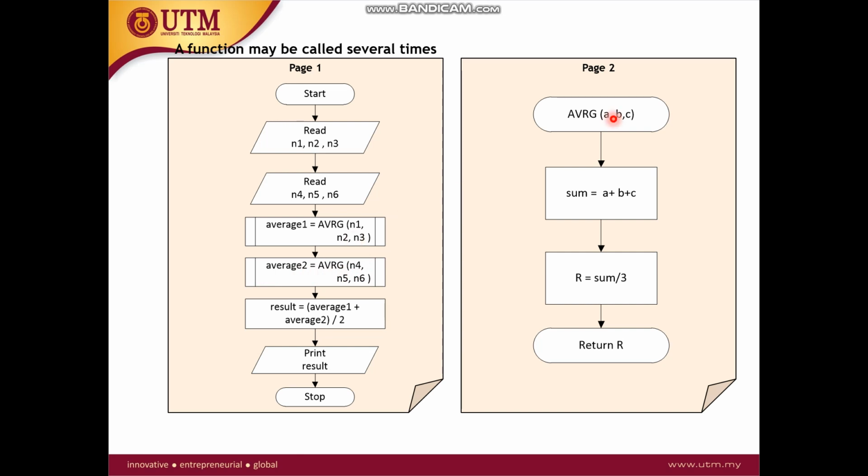So the first time, A, B, C are going to be replaced by n1, n2 and n3, and then n4, n5 and n6 are going to be replaced with A, B and C. One takes the average of 3 numbers, and this one takes the average of those 3 numbers, and then the result is going to be the addition of those 2 averages divided by 2. It takes the overall average, and then you are going to print only the result. You can even print average 1 and average 2, and it goes to the stopping point.